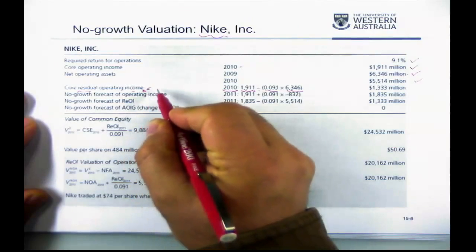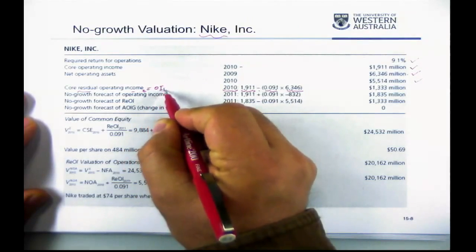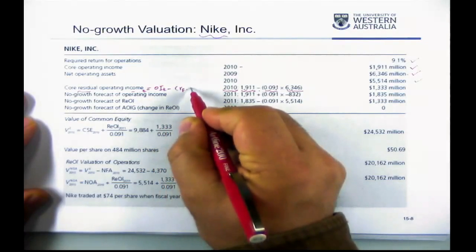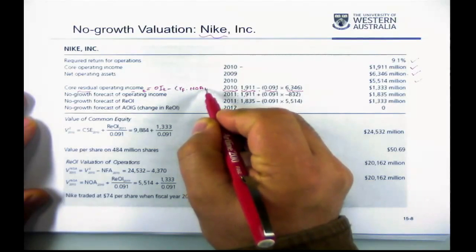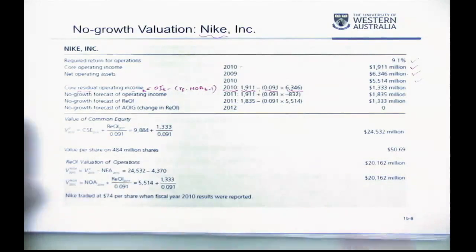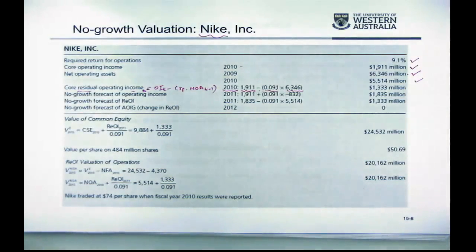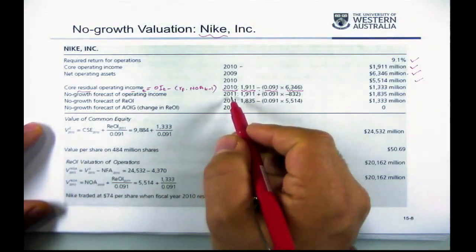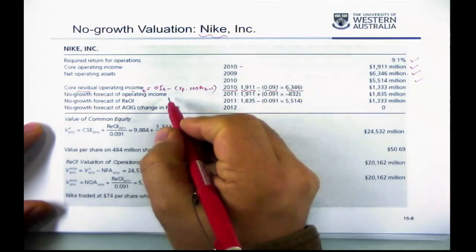At time t, it is equal to operating income at time t minus the product of the cost of capital and net operating assets at time t minus 1. Okay? The no growth forecast of operating income: we are forecasting the operating income for 2011.